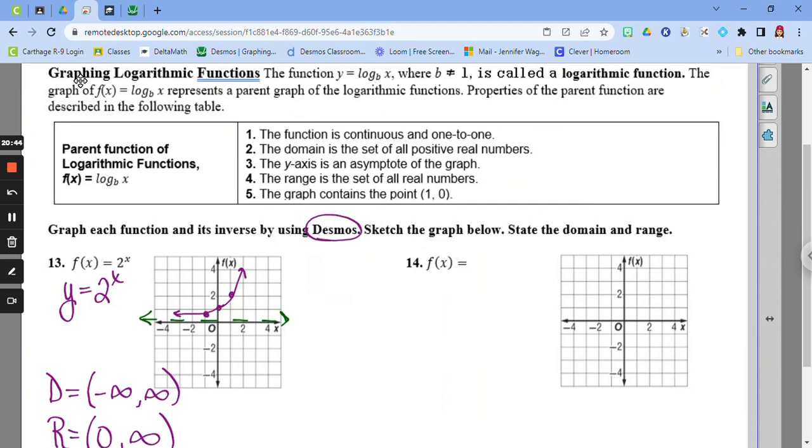Number 14 is the logarithm for this. So y equals 2 to the x. What's the logarithm for that? y equals log base 2 of x.